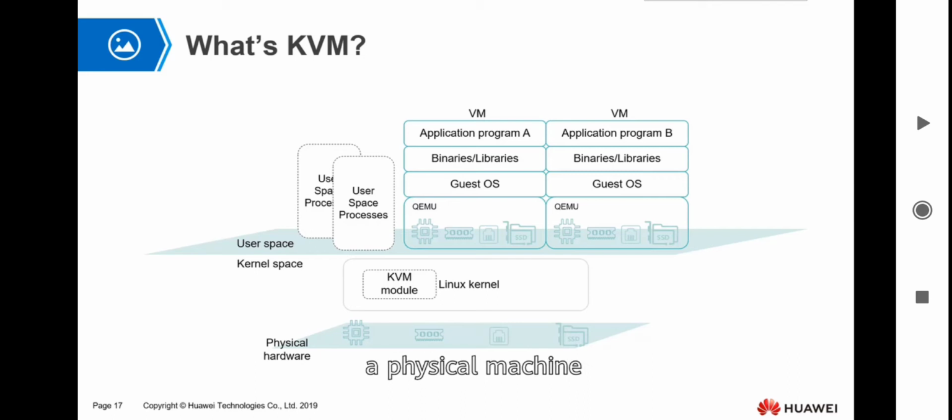When a physical machine with a Linux operating system is installed with this module, it becomes a hypervisor. At the same time, it will not affect other applications that were originally running on Linux. Moreover, each of its virtual machines is a process.